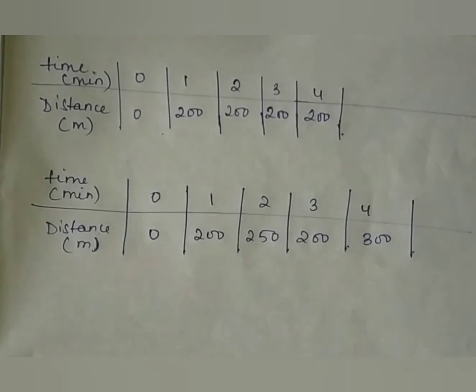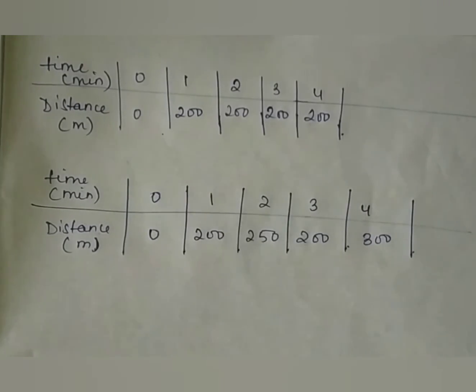So this type of a motion where the object is traveling equal distance in equal interval of time is said to be a uniform motion. So here in each minute you are traveling 200 meters. So you are in a uniform motion.